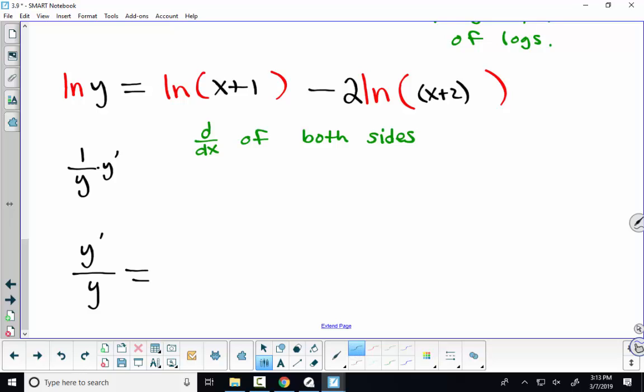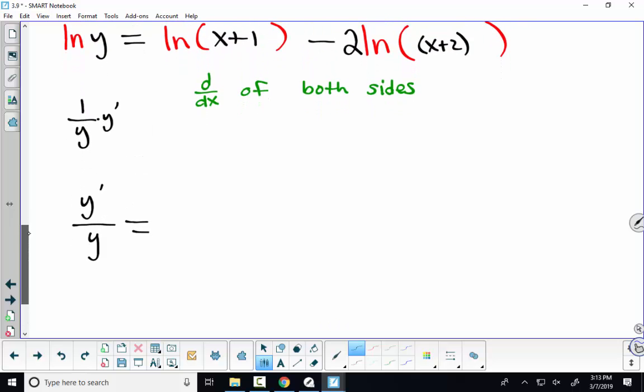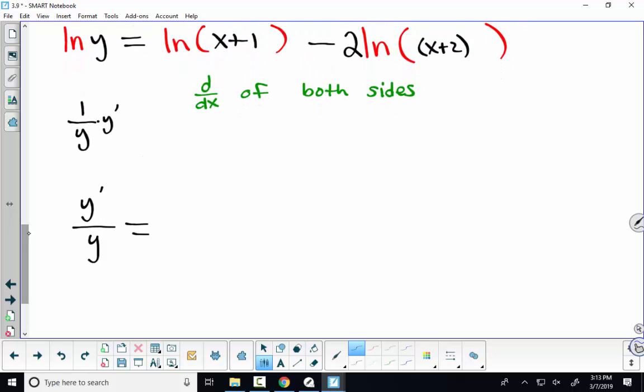Equals, what's the derivative of the natural log of x plus 1? The derivative of the natural logarithm of whatever is 1 over the argument times the derivative of the argument. The derivative of x plus 1 is 1.